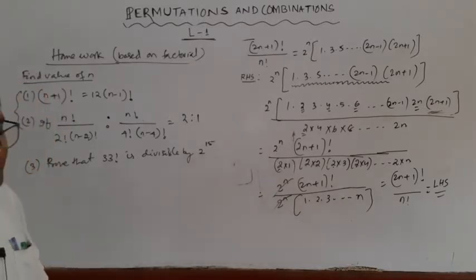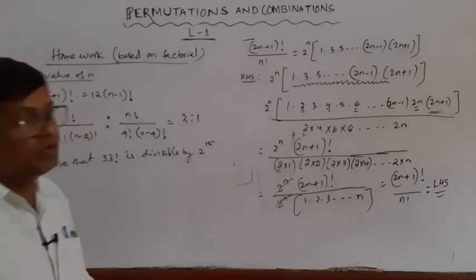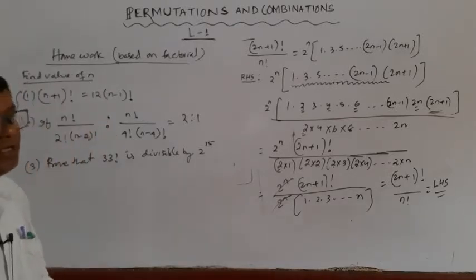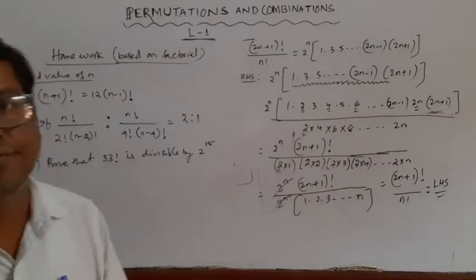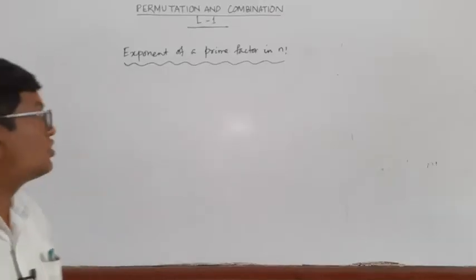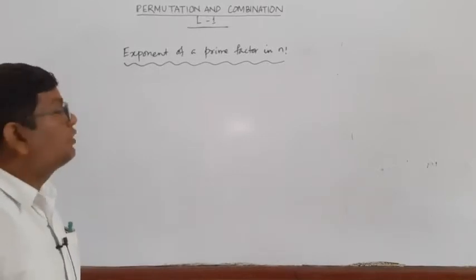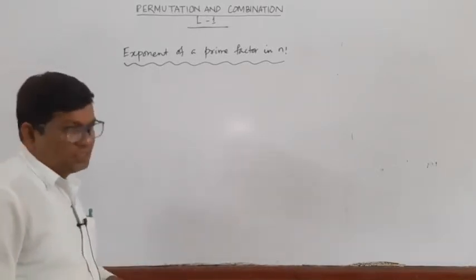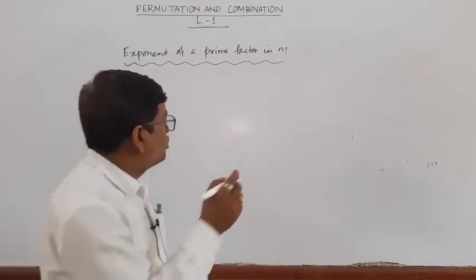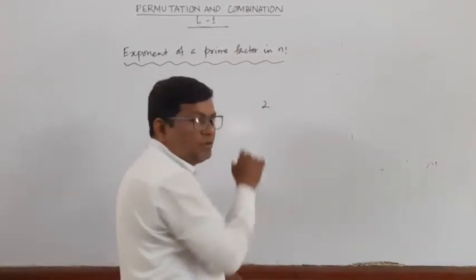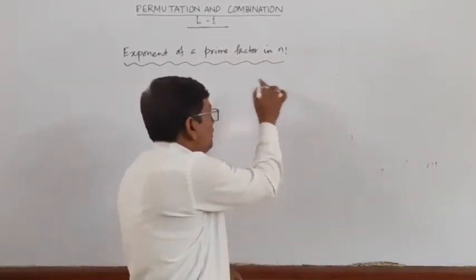Now we'll discuss the fundamental principle of counting. Discuss the exponent of a prime factor in a factorial. What do you mean by exponent? Suppose 2 is a prime number and its power is 5.